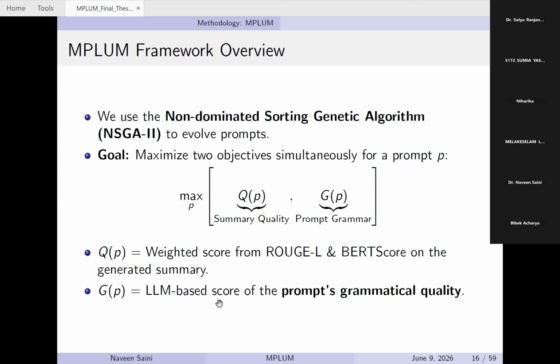It is an LLM based score because LLMs are efficient in judging whether a particular sentence is correct. So overall, there are three objectives, but we are utilizing two only. The first objective is the weighted combination of the two different measures, and the second one is the grammatical score. So we are maximizing these two objectives for a prompt P.